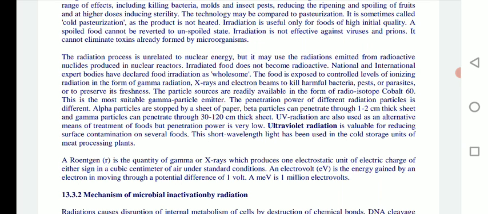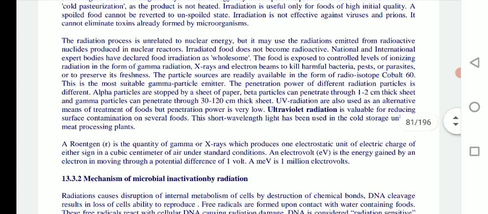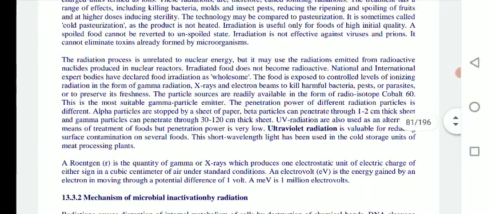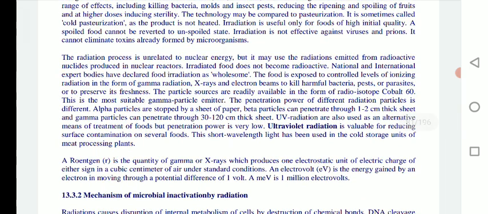Irradiation is not effective against viruses and prions, and it cannot eliminate toxins already formed by microorganisms. Basically these are its drawbacks: enzymes still remain as they are, and the radiations do not affect viruses and prions, and cannot eliminate toxins.